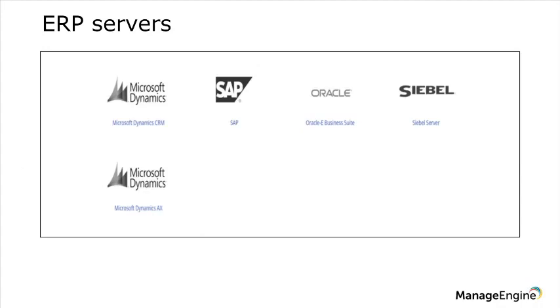The next monitor category that I want to discuss is the ERP servers. This screen shows all the popular ERP servers that Applications Manager currently supports, including SAP, Microsoft Dynamics AX and CRM, Oracle E-Business Suite, and Siebel Server.